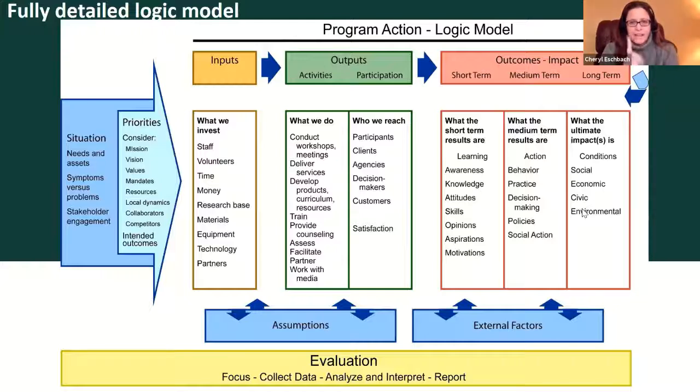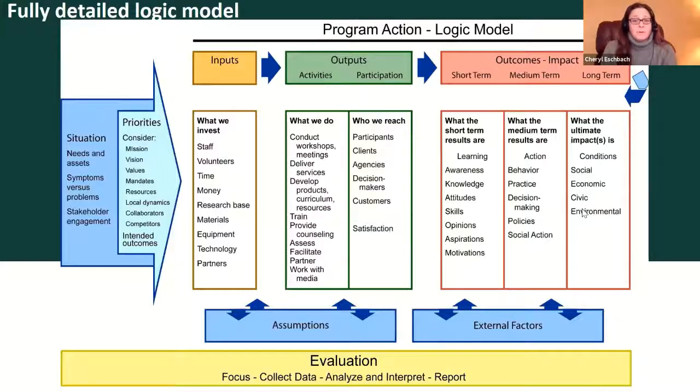And the last thing I'm going to highlight on this is that if you look in the very middle of this slide is the word satisfaction. And satisfaction is placed under outputs because it's really not an outcome. It's a reaction and it's an attitude people have, but I know others do like to collect satisfaction. Satisfaction is placed here because we may ask our stakeholders or partners whether they're satisfied with Extension as a partner.